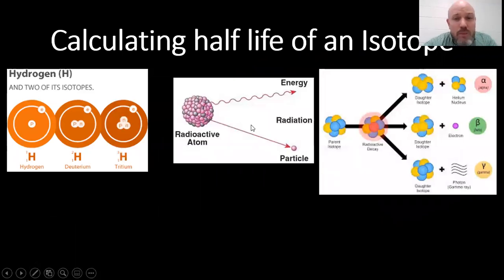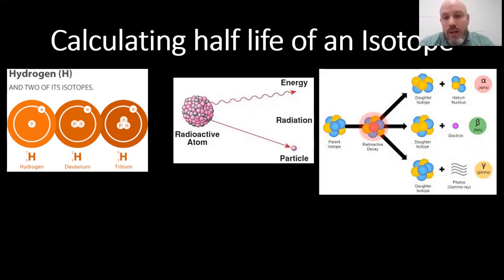So we are talking about how to calculate the half-life of an isotope, and by now you should know what an isotope is. An isotope is an atom. It's a different version of the same element. It just has usually extra neutrons, and these extra neutrons make the nucleus unstable, and that unstable nucleus becomes radioactive.